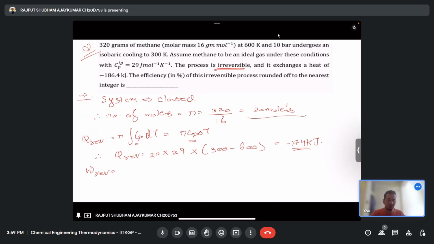So work W is equal to integration PdV, right? So work done during the reversible process will be number of moles into minus R into T2 minus T1. I will try to use the ideal gas law because it's given as an ideal gas.